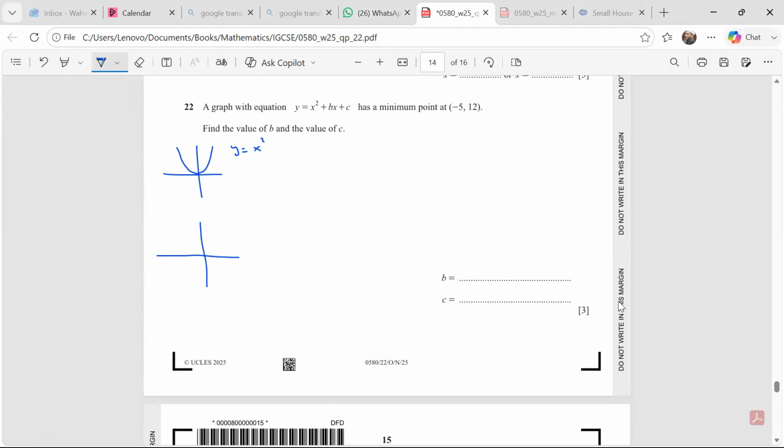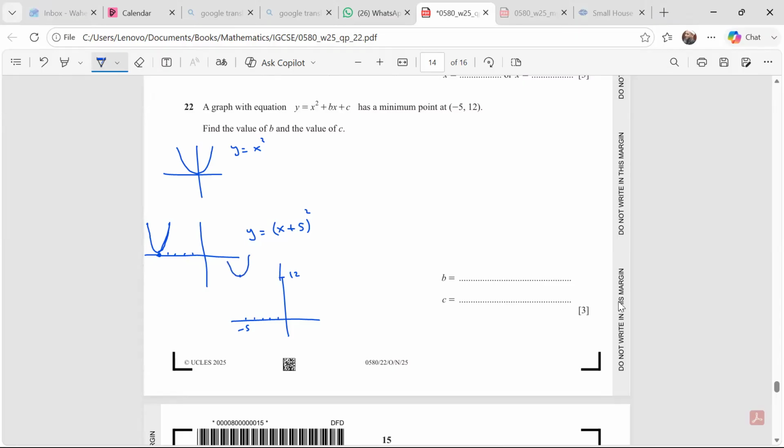Now, if I shift the graph by 1, 2, 3, 5 units, it is y equals (x plus 5) squared, because when x is equal to minus 5, we are at the minimum. And if I go up 12 units, this is minus 5, and this is my minimum.